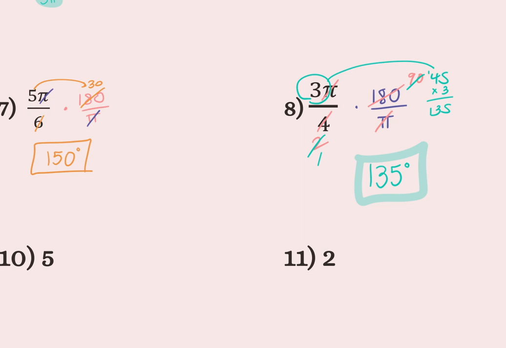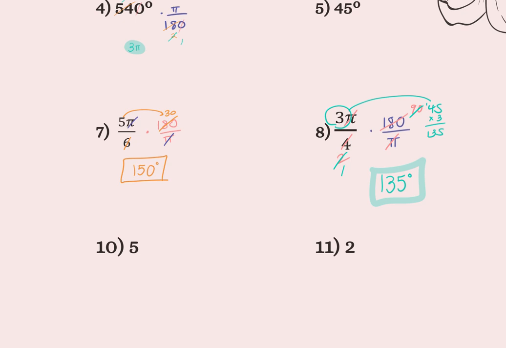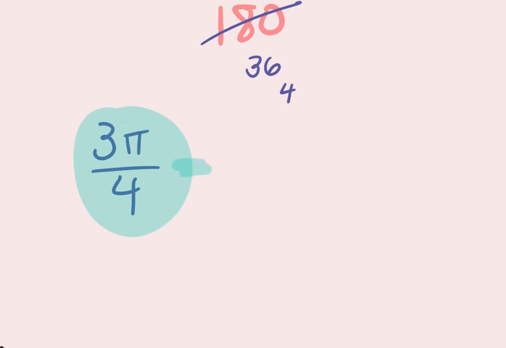What if the denominators cancel? It's two ways. One, you could leave it as a fraction, which would be fine. Two, it might tell you to round to the nearest whatever, and then you would actually want it like that. So pay attention to the directions in the homework, because sometimes they say round to the nearest whatever, and that means I would take something like this and keep going.